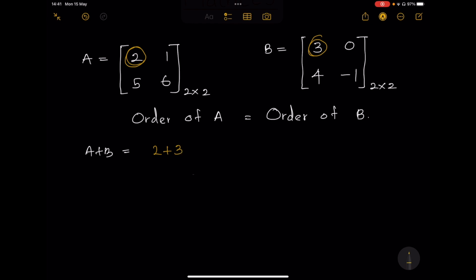Then we need to add these two, 1 and 0. So first row, second column is 1 plus 0.